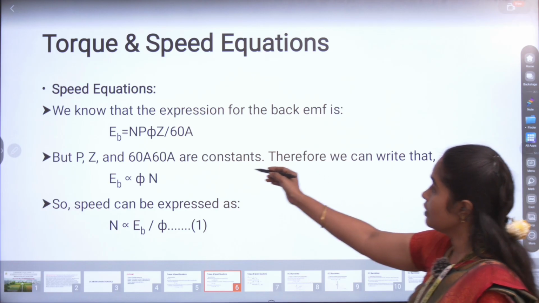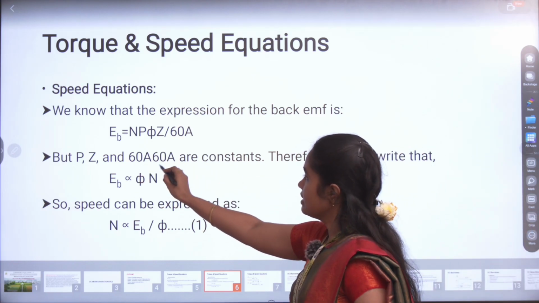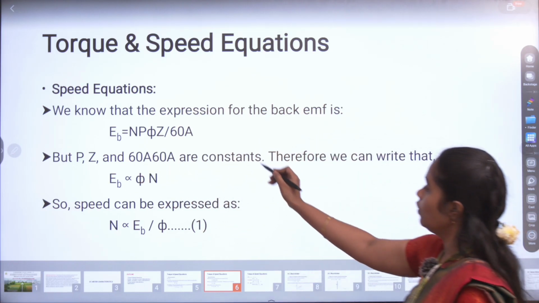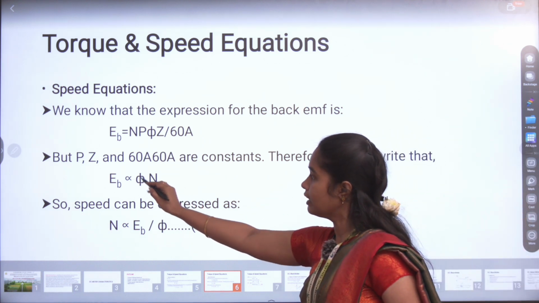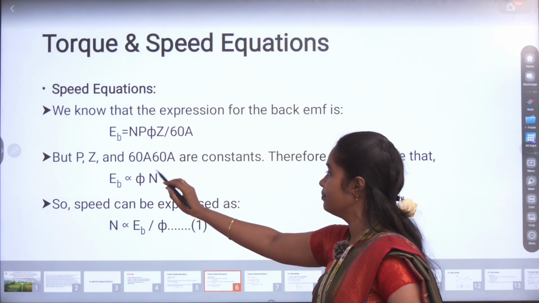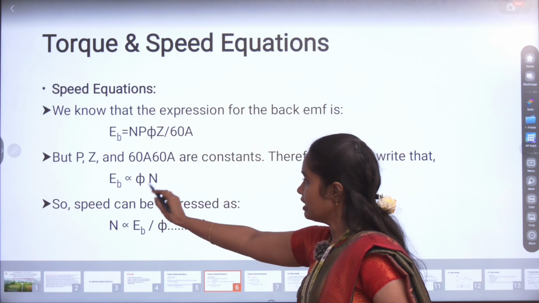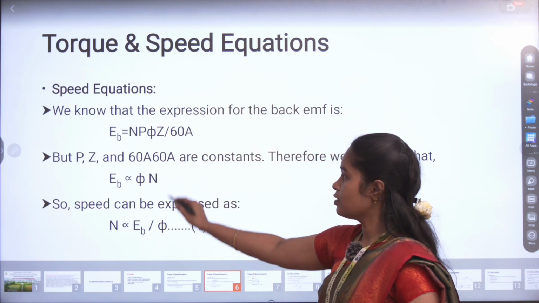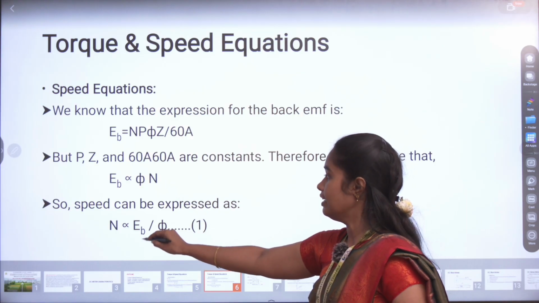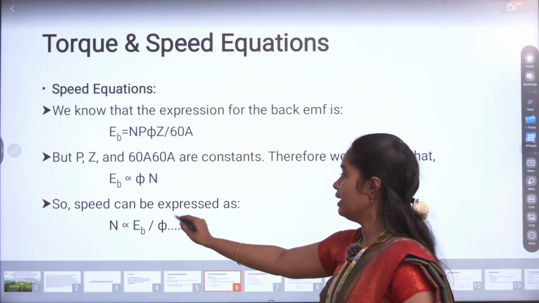In this equation, P, Z and 60A are constant terms, so we neglect them and rewrite the equation as EB directly proportional to phi N. Phi means flux, N means speed, but I need only the speed, so I rewrite the equation as N directly proportional to EB divided by phi.